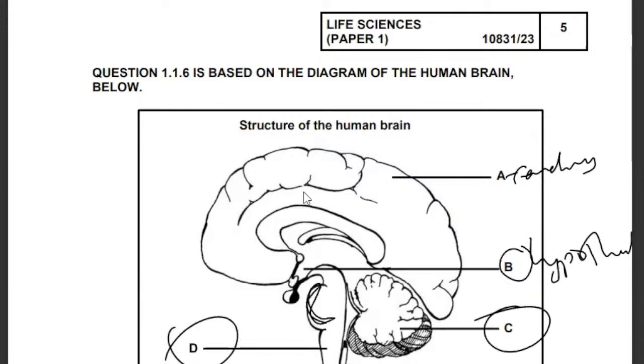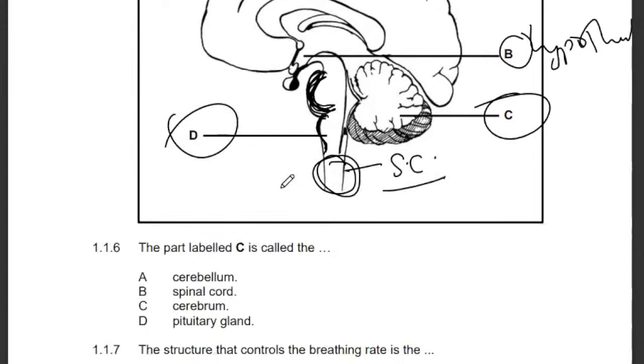Don't forget that the medulla oblongata is next to this first swelling, which is called the pons. That is the medulla oblongata. Anything below the medulla oblongata then becomes the spinal cord. I think now you are clear with that.